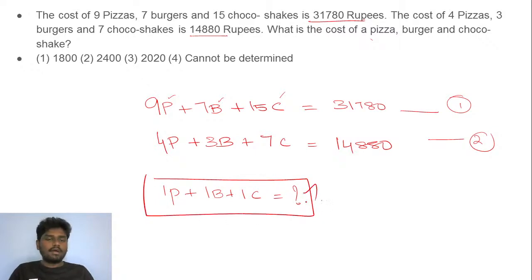Normally if you have 3 variables, you need to have 3 equations so that you can solve and get the value of 1 variable and try to find the other 2. That's how it works. But in this question, you have been given only 2 equations and you are asked to find the actual cost of 1 pizza, 1 burger and 1 choco shake, right?